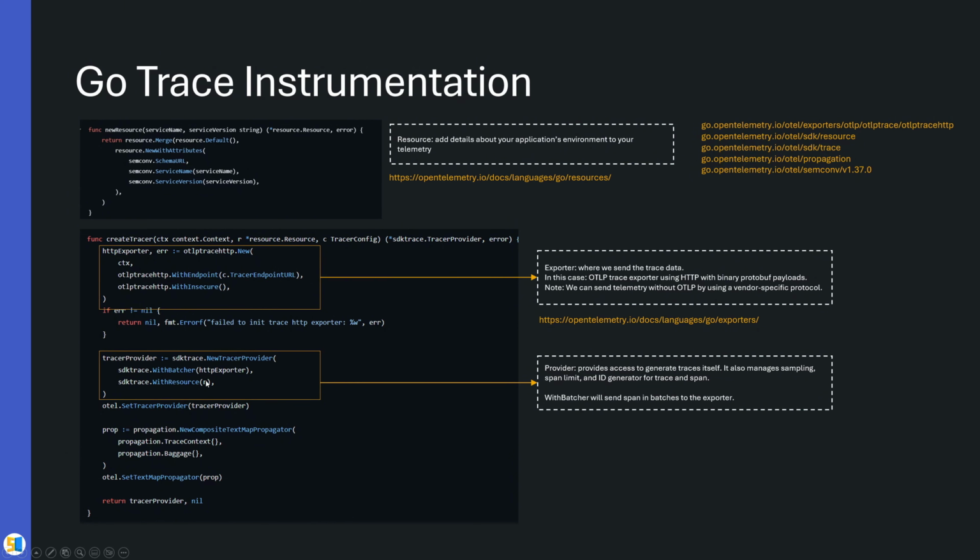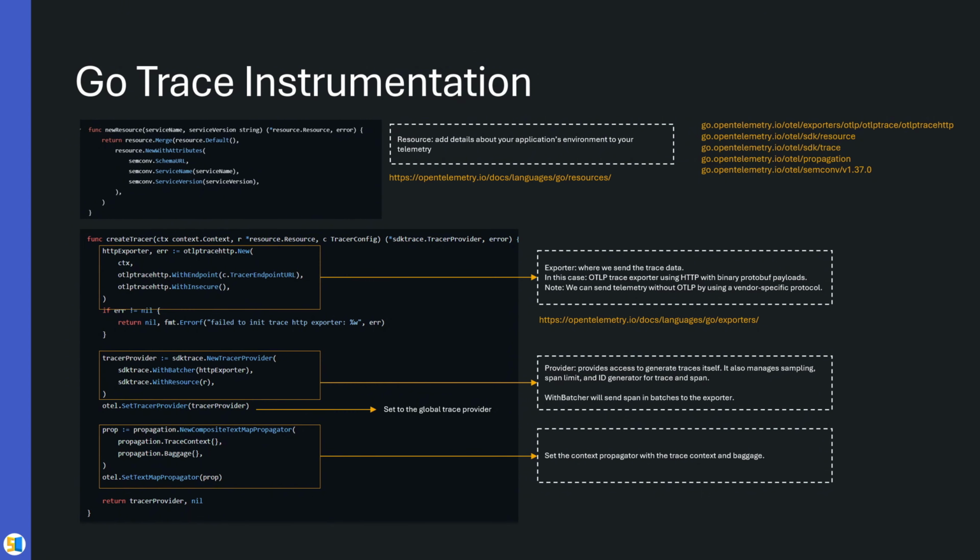And then we set the resource that we created here in the provider. And then we set the trace provider as the global trace provider so we can reuse that later in other code. And then we set the propagation and the gauge. So I will talk about these two later.